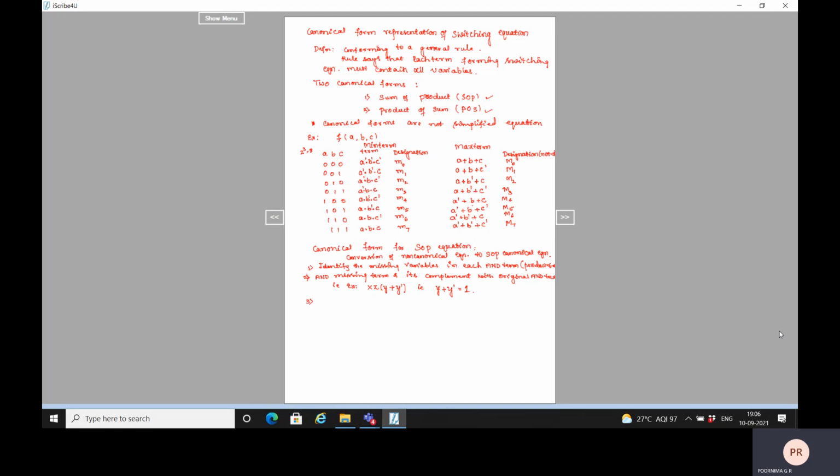The third step that we need to adopt is to expand the term by applying the distributive law.